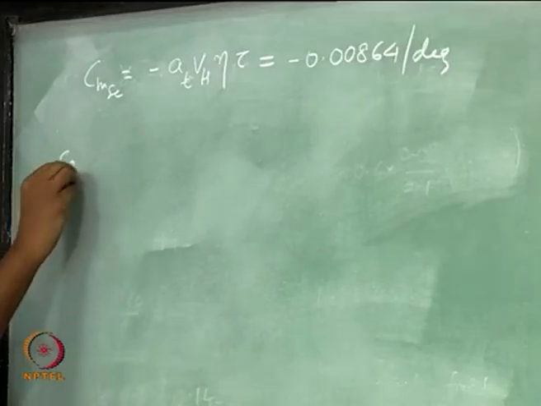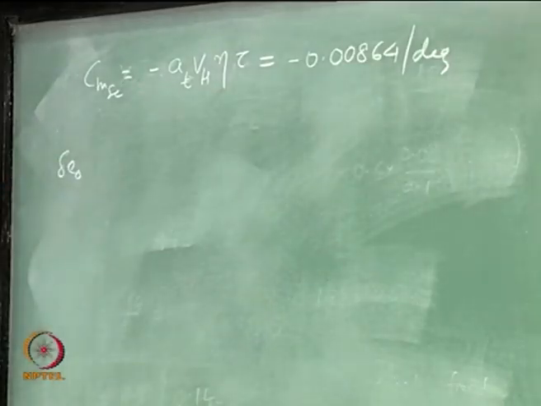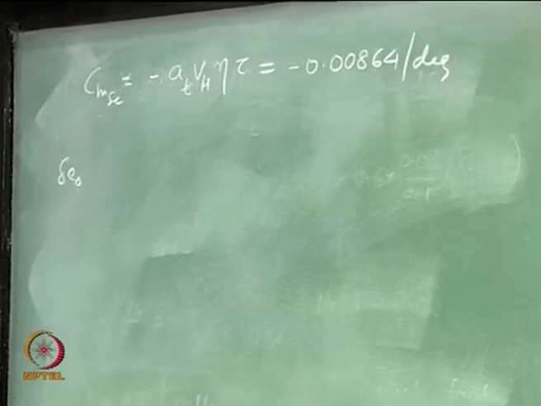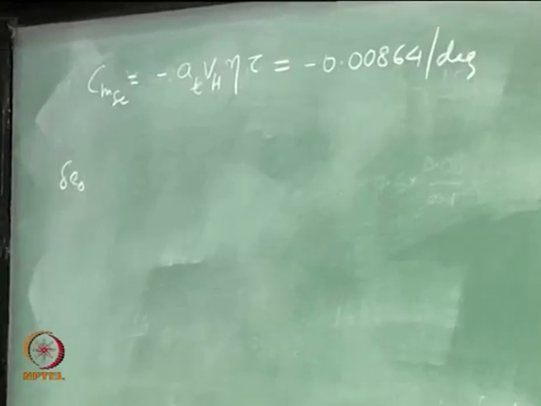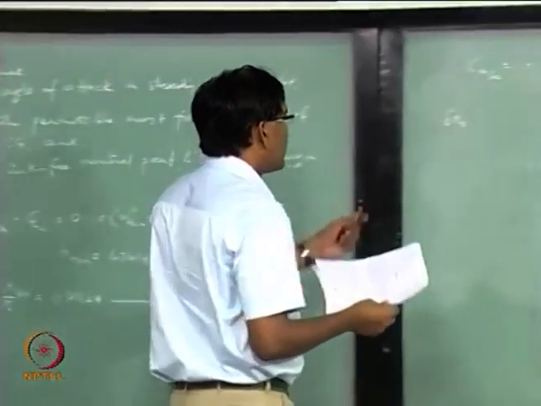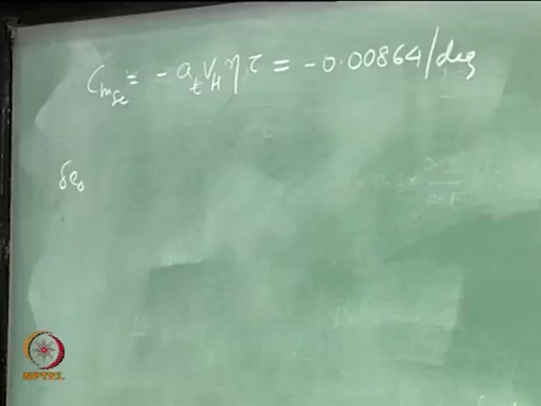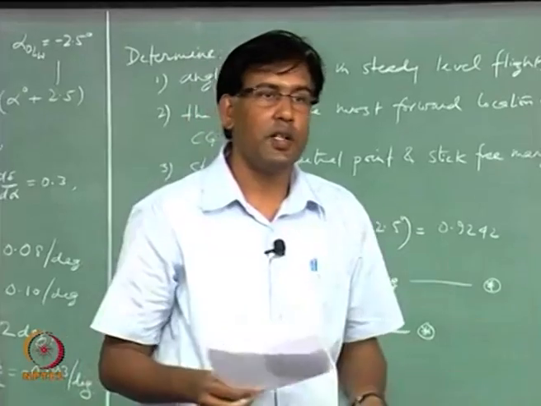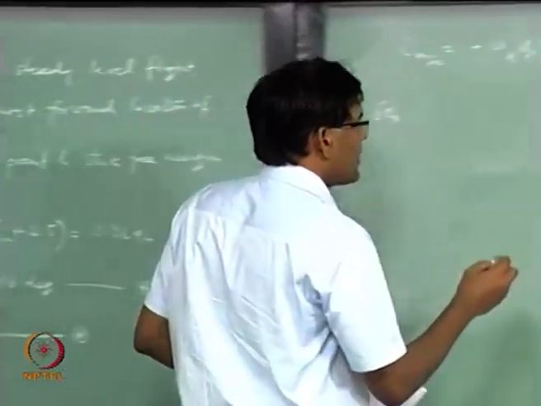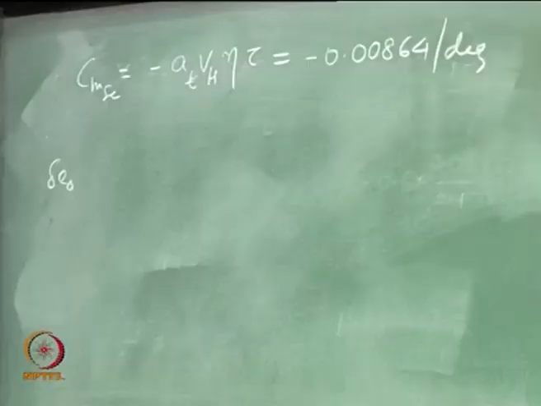Now, delta E naught, which is the trim value of the elevator to give you alpha trim 0, right. So, to trim at an angle of attack which is 0, you have to deflect the elevator by delta E naught, right, and that you can find out again from the relation which is Cm CG equal to 0. Any question?